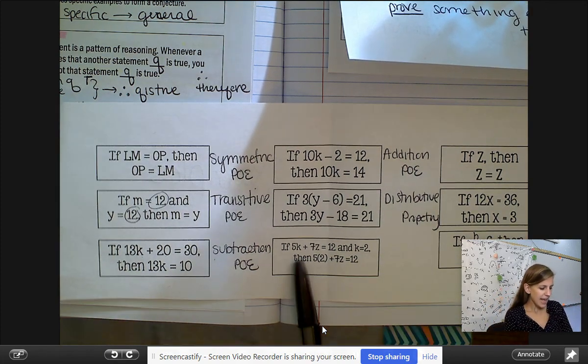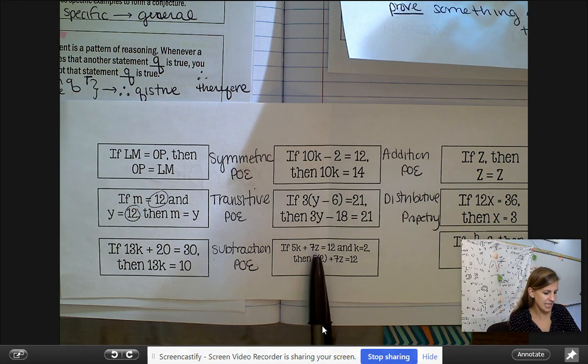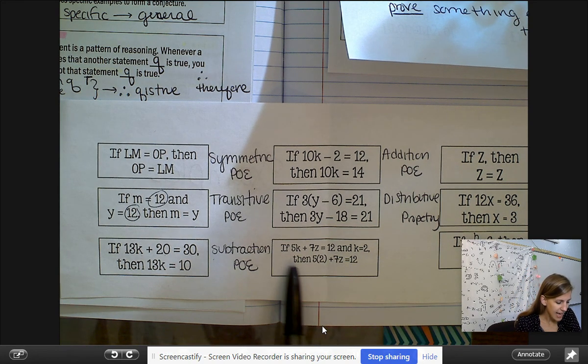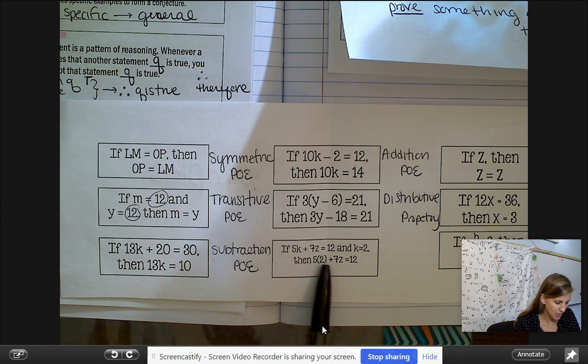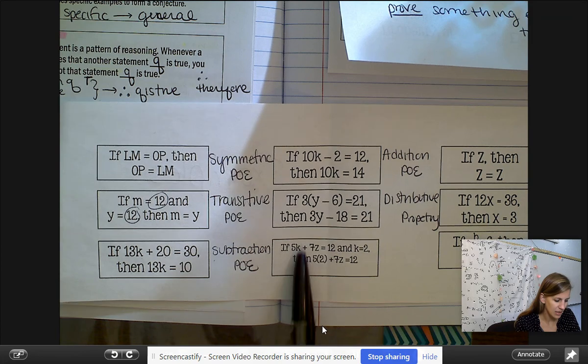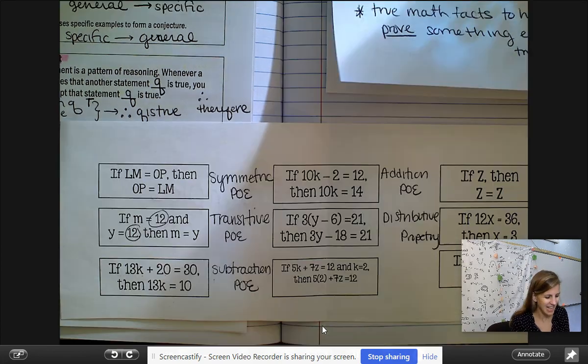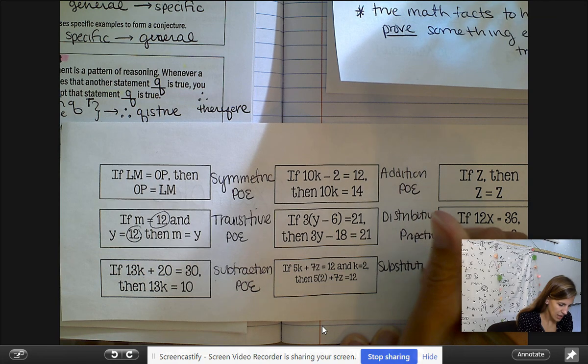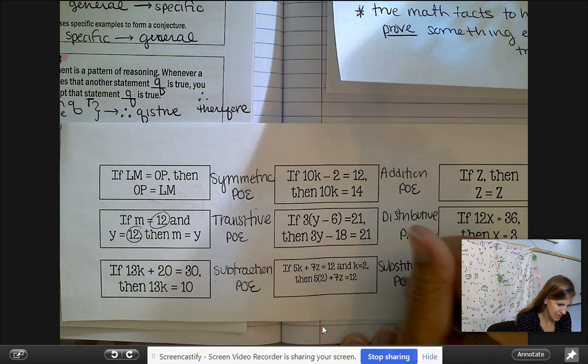Okay, next, if we have 5k plus 7z equals 12 and k equals 2, then 5 times 2 plus 7z equals 12. Oh, I see. They took the k out, put the 2 in. That's substitution. Substitution property of equality. Is that a property of equality?